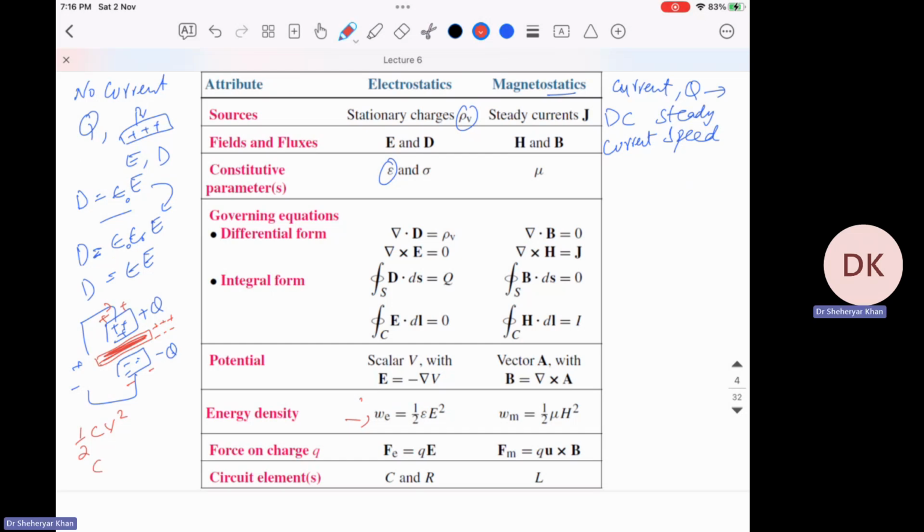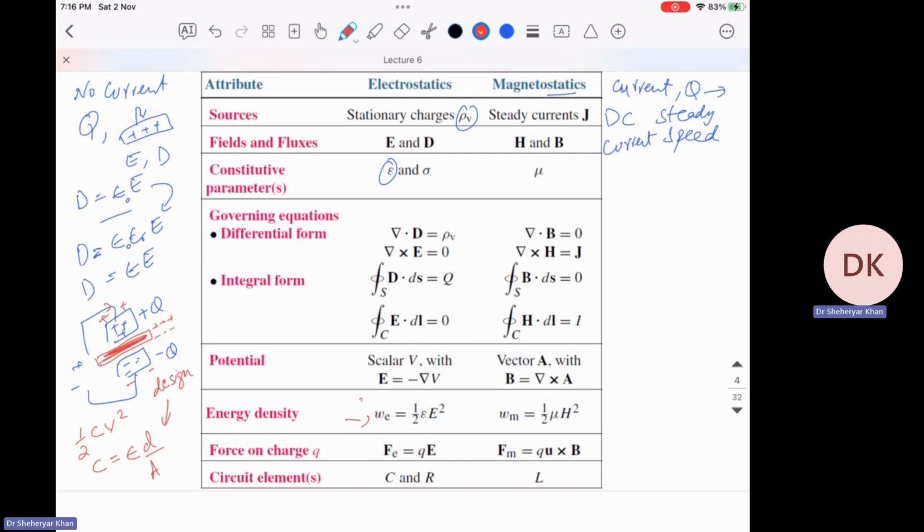And we also learned that the capacitance is equal to epsilon A over d, right? So the capacitance is something which is physical. It's a design. So capacitance totally depends upon the selection of the design. For example, how you place the distance, how you choose the area, and how you choose the material.